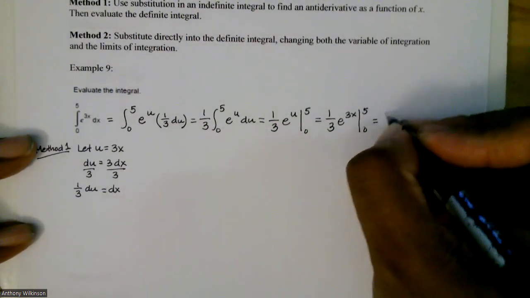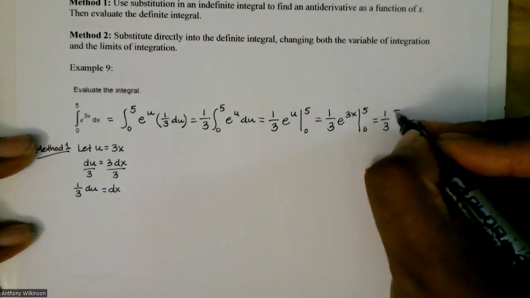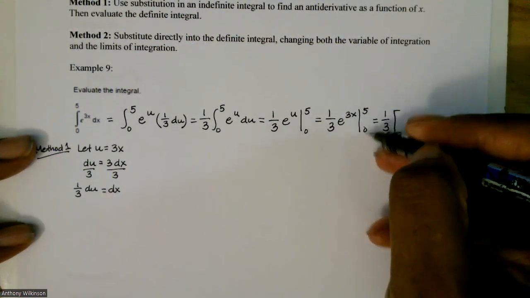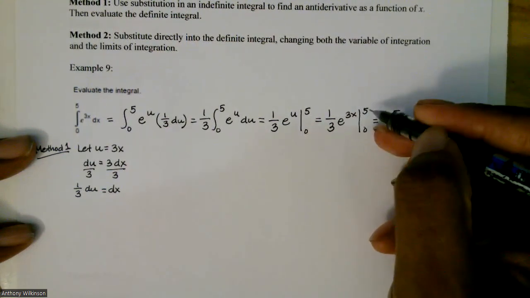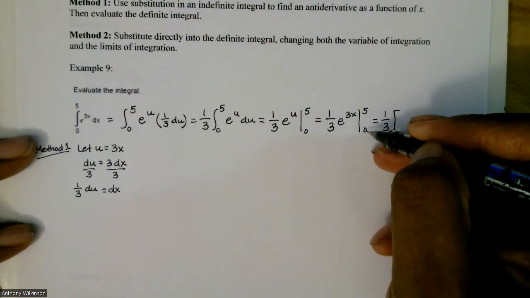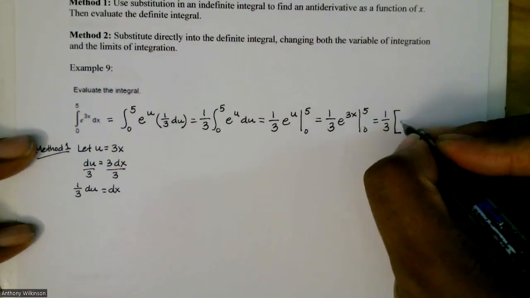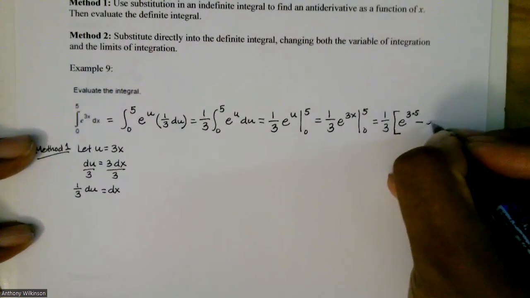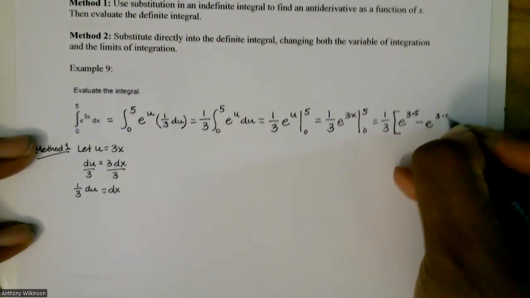And then for the 1/3, I'm just going to focus on e to the 3x with these limits from 0 to 5. It'll be the upper limit minus the lower limit. So in the bracket, e to the 3 times 5 minus e to the 3 times 0.